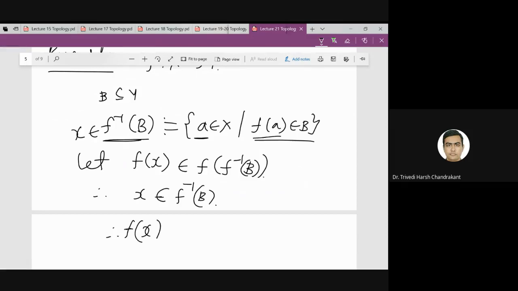The elements whose f of a belongs to B. So f(x) belongs to B by the definition of f inverse B.